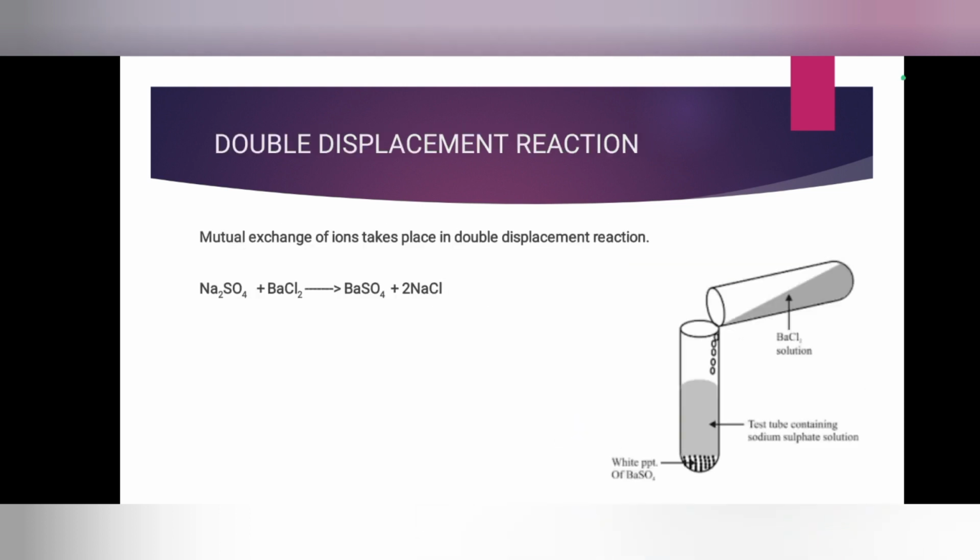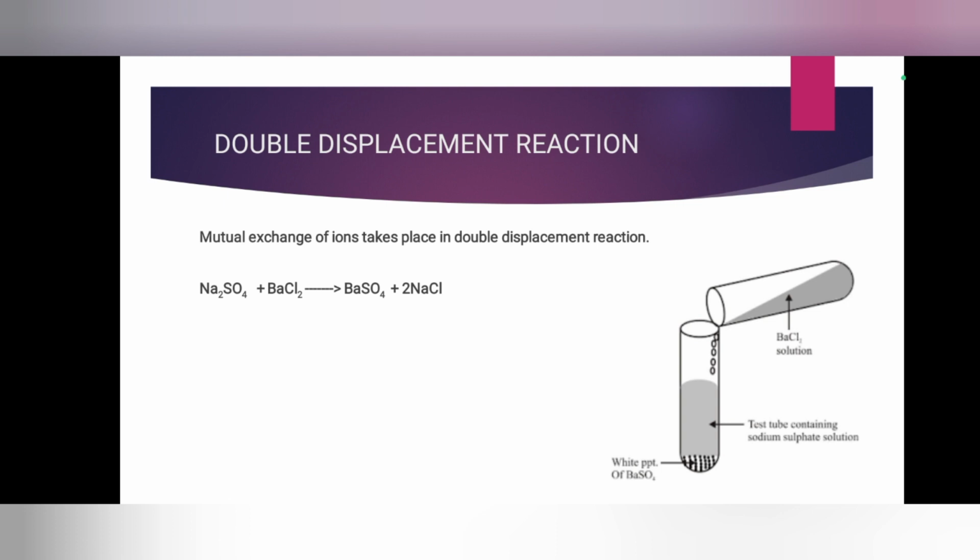Double displacement reaction. When sodium sulfate reacts with barium chloride, it gives us two different products, barium sulfate and sodium chloride. Here, sodium sulfate and barium chloride are both white color powders.